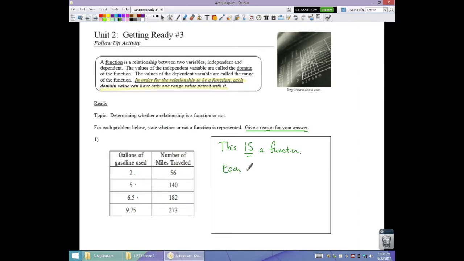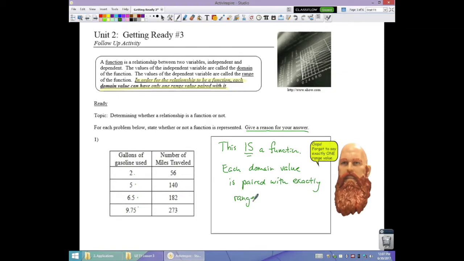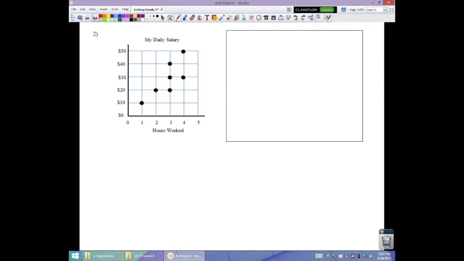Each domain value, or domain element, or x value is paired with exactly one range value, or y value, or range element. You'll write that statement many, many times, so find something you're comfortable with and stick with it.